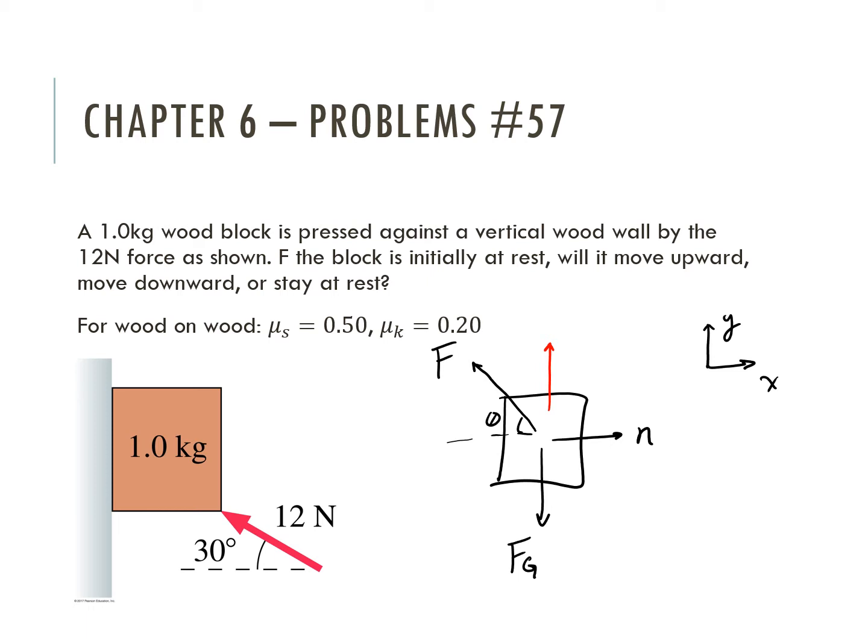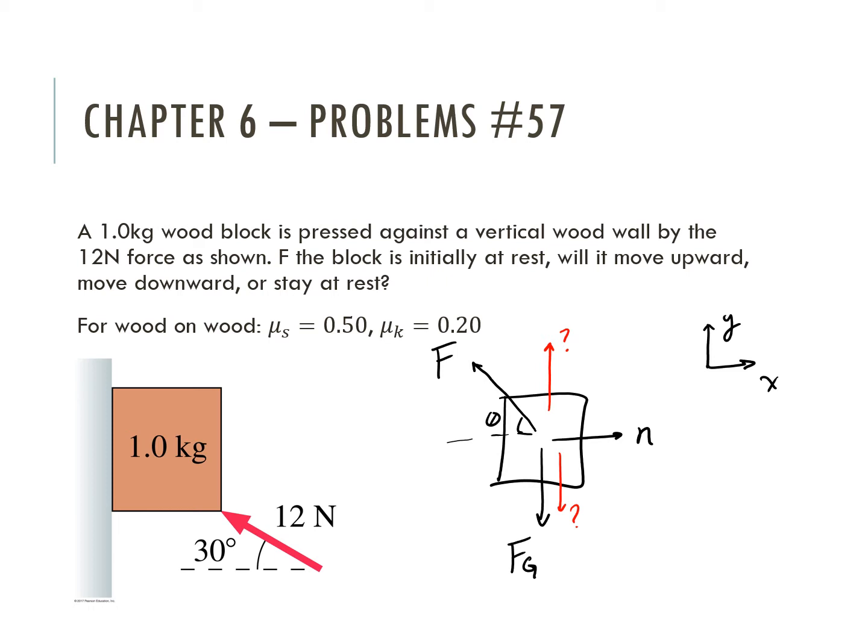I don't know which one of these is friction because I don't know the direction my box is moving. So in the case of if you do not know the direction your object is moving and you need friction, it's better just to not include it.